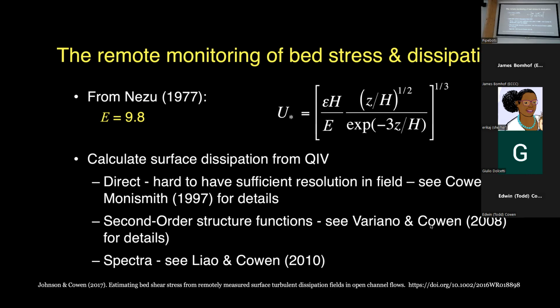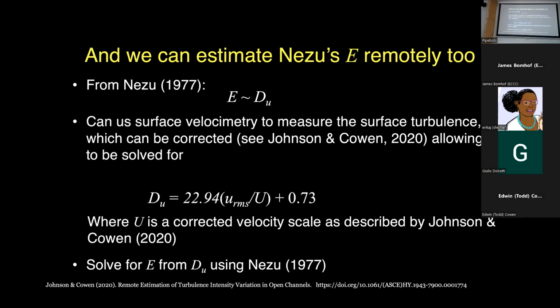So 2 publications that I've worked on that we've compared some of these techniques shown here, but any good book on turbulence, Pope 2002, or Lumley's book will show you the directions to do that.